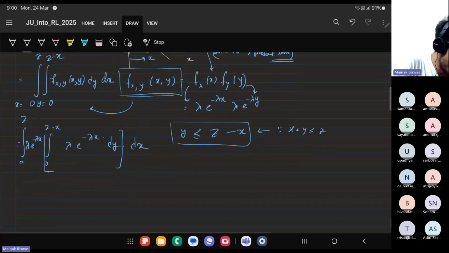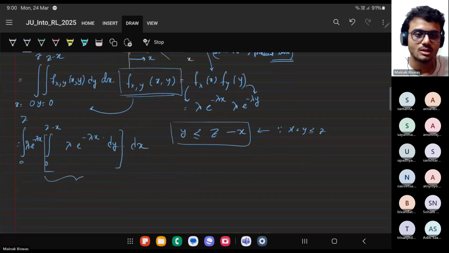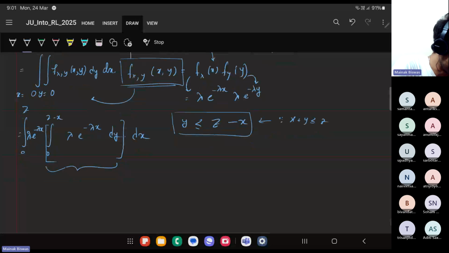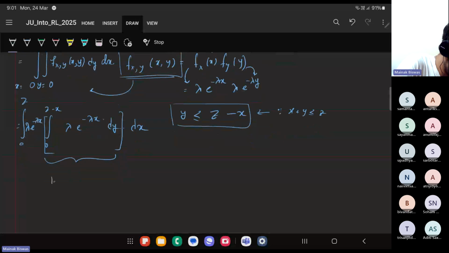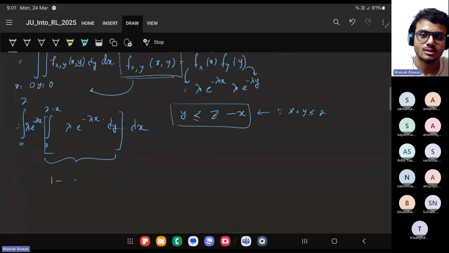Can you tell me what would be the value of the inner integral? We have already found the CDF for the exponential. It is 1 minus e to the power minus lambda (z minus x). Yes or no? Just calculate the integral. It will be that. We have done it last time. The CDF of an exponential distribution is given by 1 minus e to the power minus lambda y. That's the distribution that you get.